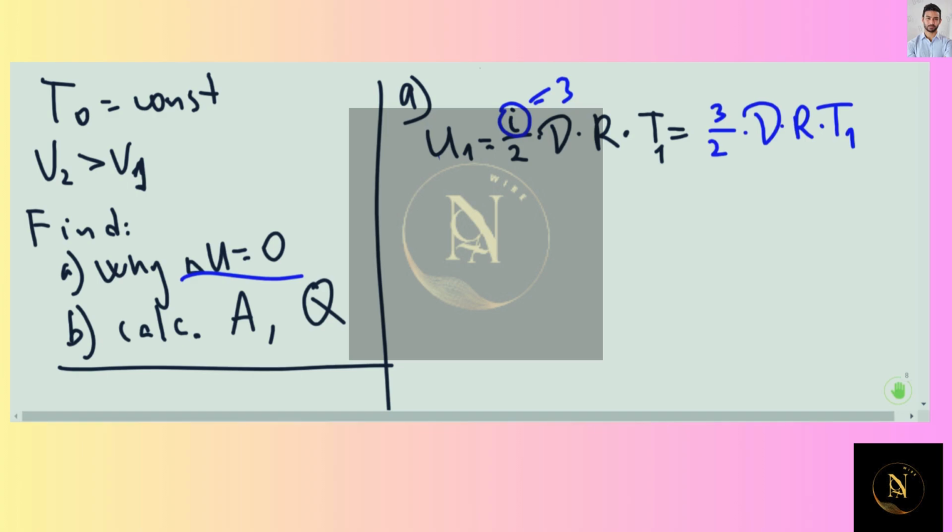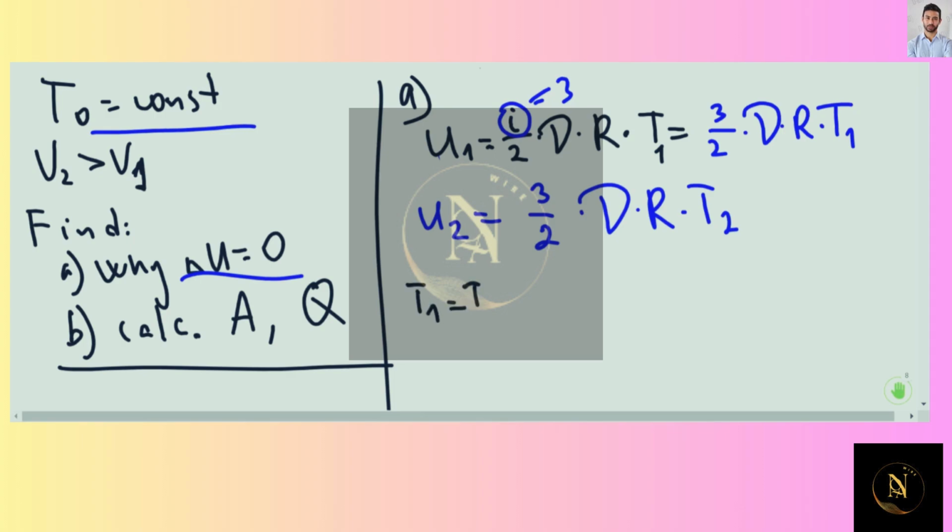Final internal energy equals 3 over 2 multiplied by nu multiplied by R multiplied by T2. So as we know, temperature is held constant, therefore T1 equals T2 equals T0.